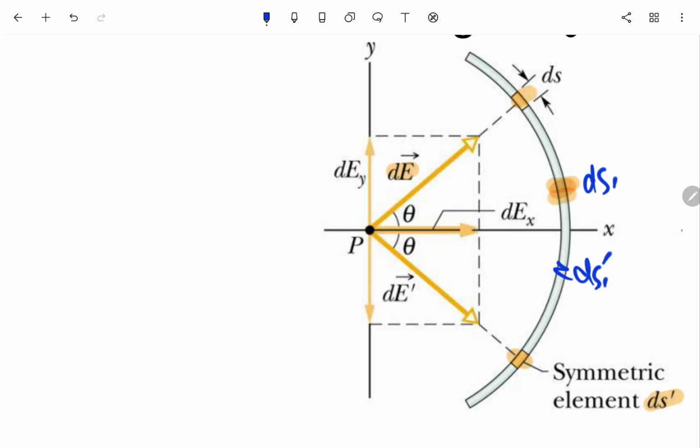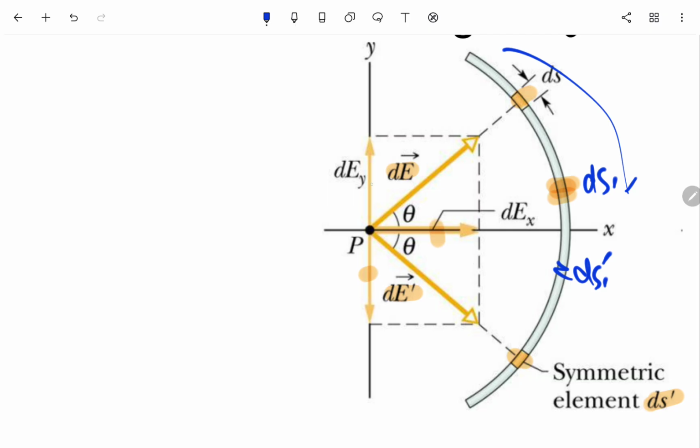So even if you go through the whole arc, or maybe half of the arc, you can always find a symmetrical part. For this ds prime, it also generates dE prime in this direction, pointing to the bottom right. So you also decompose this dE prime, generated by this ds prime. We have this y-axis component and this x-axis component.